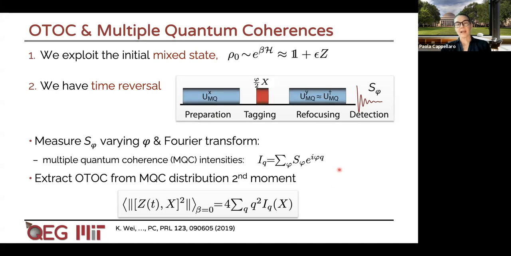What was not really realized in NMR, except in one single paper at some point, was that if I look at the second moment of the distribution of the intensity of the quantum coherences, this is actually equivalent to the out-of-time-order commutator, evaluated again at infinite temperature with this trick where I used the density operator as an observable. And so we can use this to indeed extract this OTOC from the multiple quantum coherence distribution.